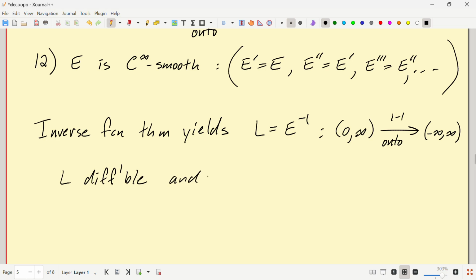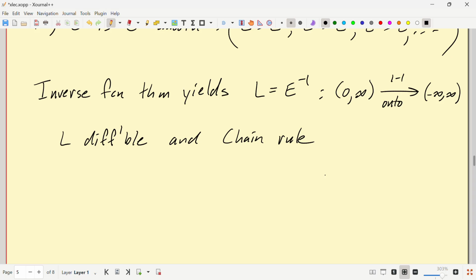And we can use the chain rule if you don't remember the formula from the theorem. The chain rule yields, well, let's see, e of L of x equals x.